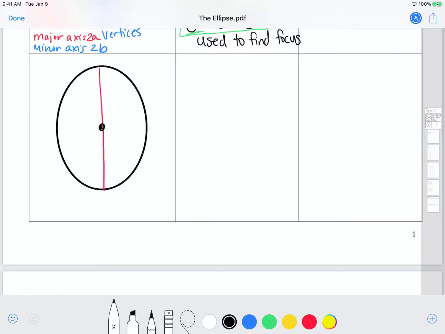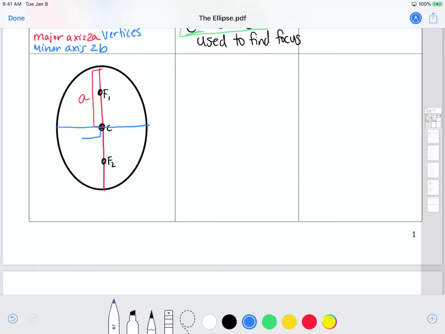Here's your center. Here's your focus. Here's your second focus. The distance from the center out is still going to be A. It's just going to be running vertically now. And your minor axis is going to go across this way now.